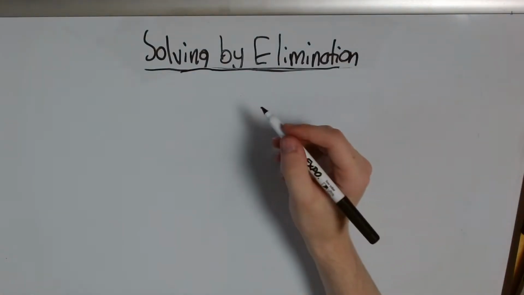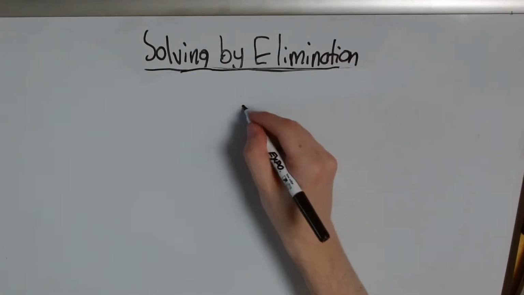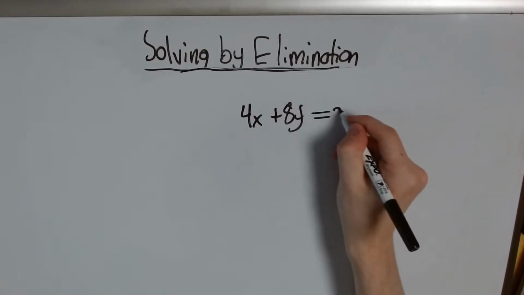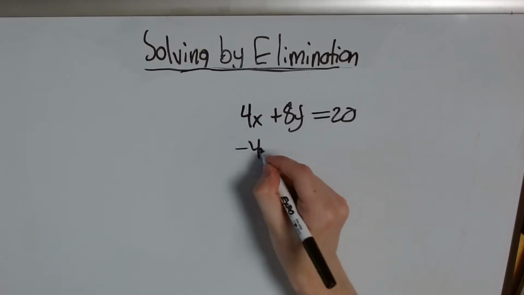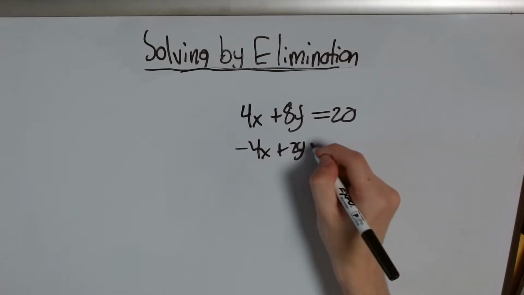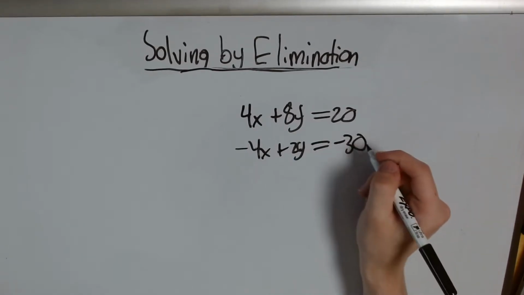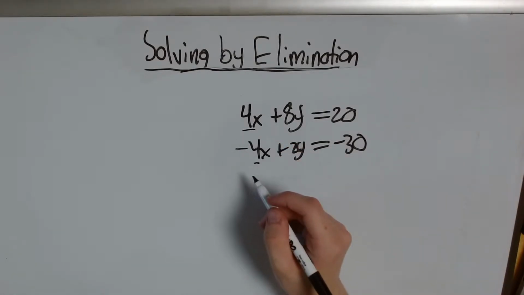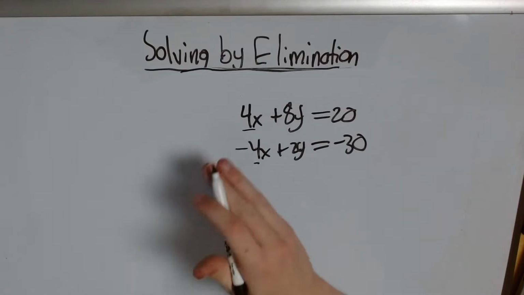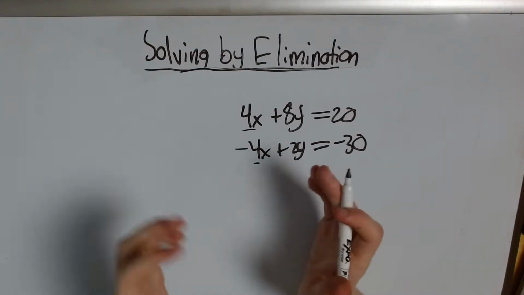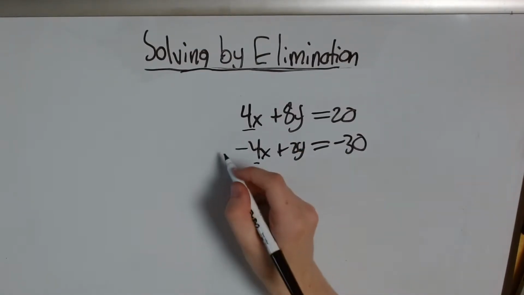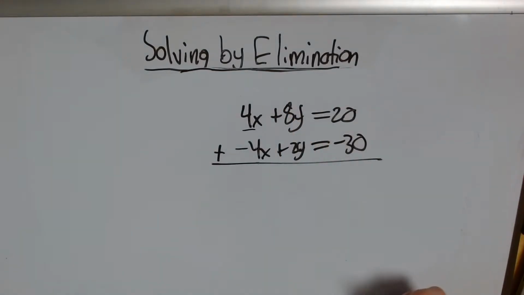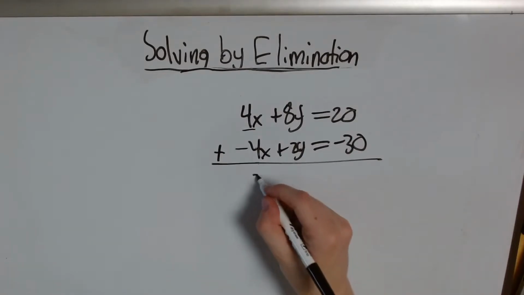For example, if I was given something like this, 4x plus 8y equals 20, and negative 4x plus 2y equals negative 30. I say, this is 4x. This is negative 4x. These have the same absolute value, the same value, but different signs. Which means if I add the two equations together, these guys are just going to cancel right out. 4x plus a negative 4x, that's a 0x.